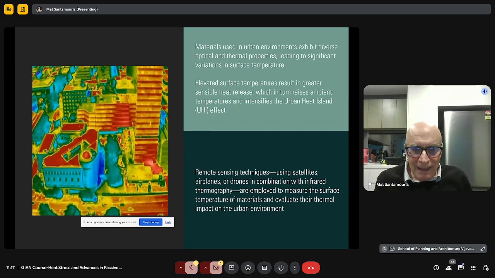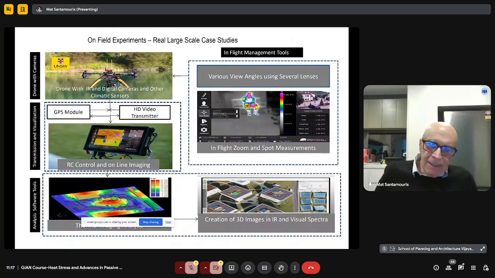So we can have a thermal image of the material. This is very important, and this is the main technique actually used to perform experimental campaigns in the built environment.